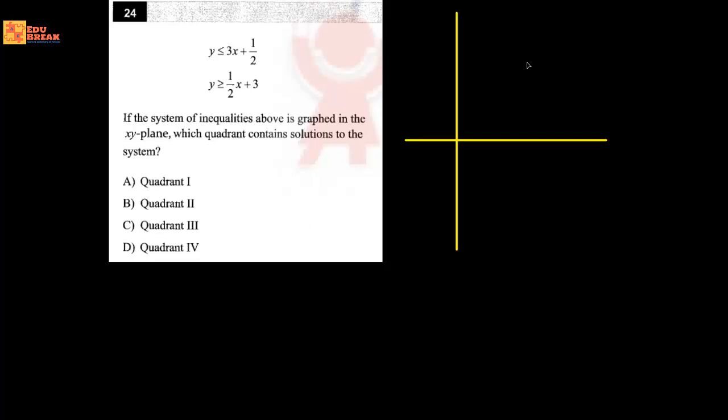in the first line we have a positive slope and y-intercept equals half. The slope 3 is greater than the slope of the second inequality, so it will go this way.